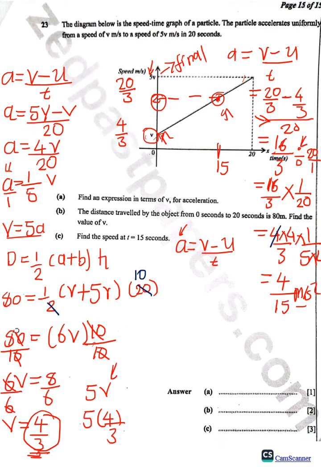So the acceleration is 4 over 15, the one that we have calculated. The final velocity is what we are solving, so v minus the initial, which is 4 over 3, over the time, now we use 15, so over 15.